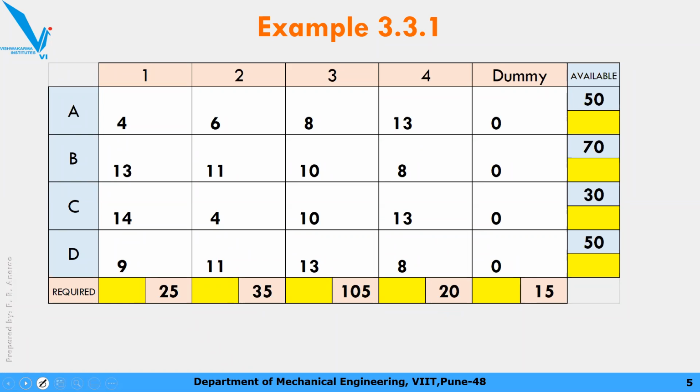Now I'll pause for 5 minutes, and students, please try to solve this numerical at least up to the initial basic feasible solution. Then I'll explain the stepping stone method. If there are some doubts in the VAM method also, let me know in the chat window so that we will not waste time, and I'll explain the complete process.